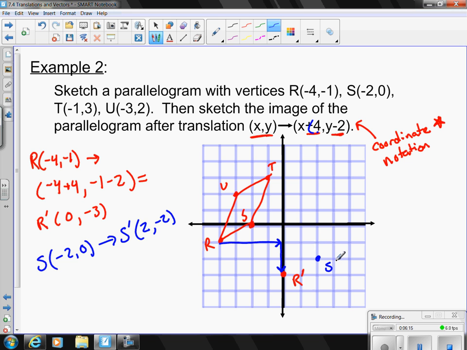This is going to be S prime, and notice the pattern, we're going over 4, down 2. Over 4, down 2. Once you get the pattern, it can help you. I have a lot of blue lines in here, but this will be T prime and U prime.